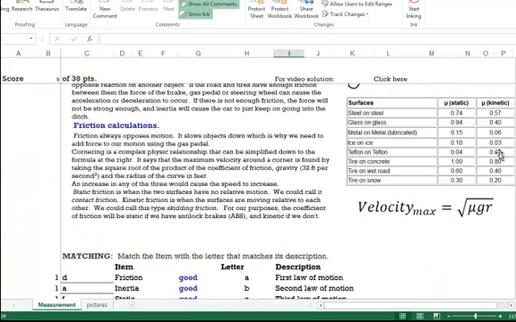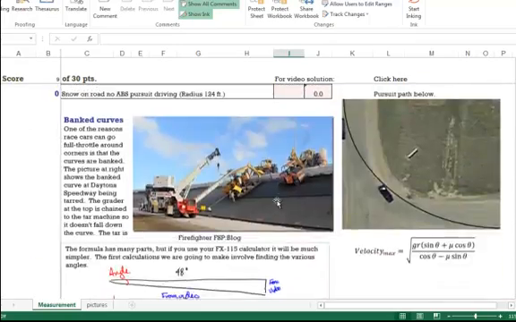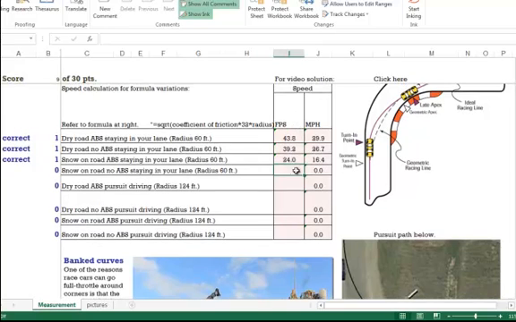Well, if you notice, with no ABS it would be 0.2 as our coefficient of friction. So equals square root of 0.2 times 32 times 60. All right, so that's 13.4. So if you notice, the speed that you can go around the curve gradually gets less and less as you go from dry roads to snow.